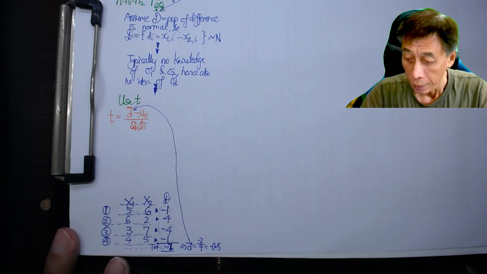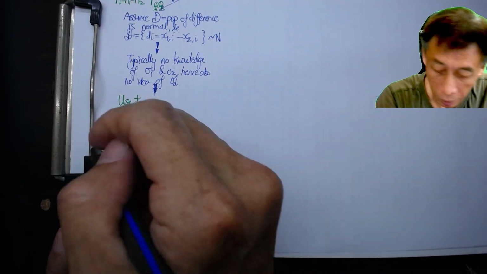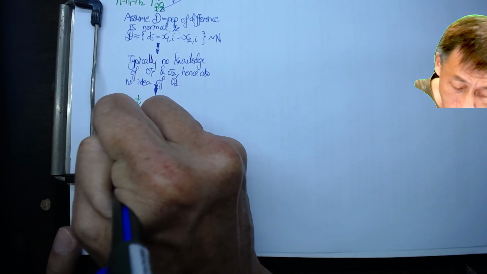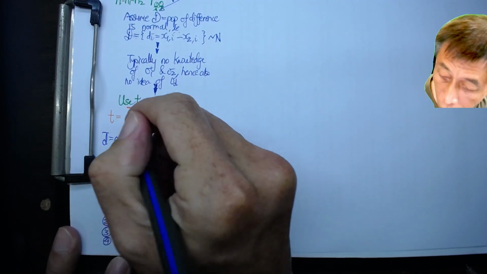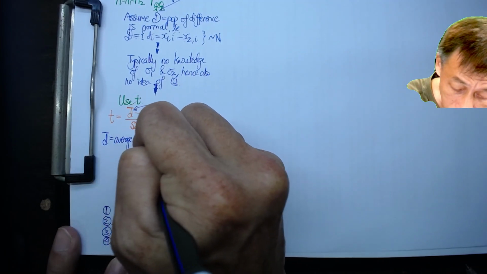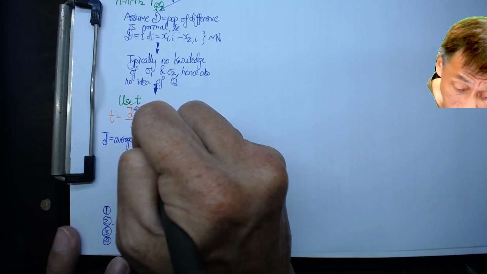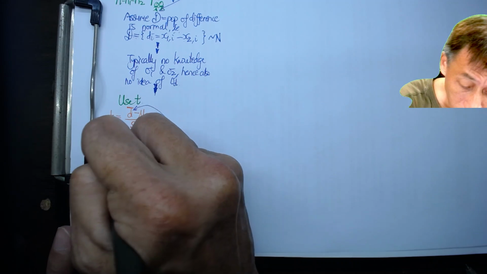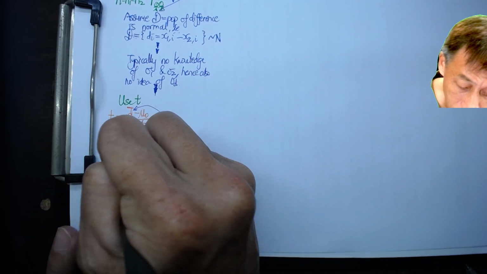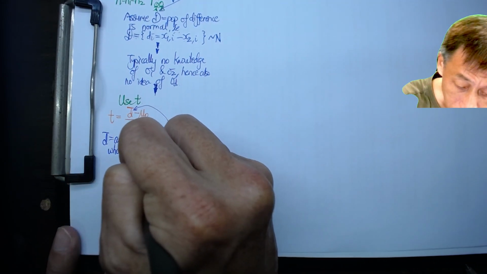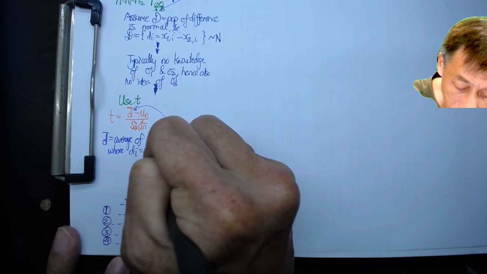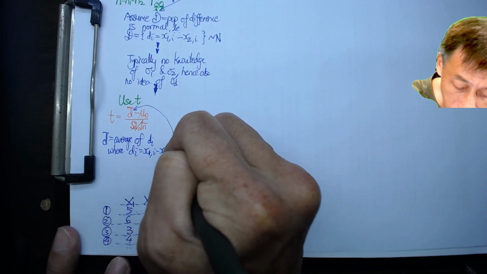Okay, and D bar is the average of Di, where Di equals, as I mentioned earlier, x1 of i minus x2 of i, and so on.